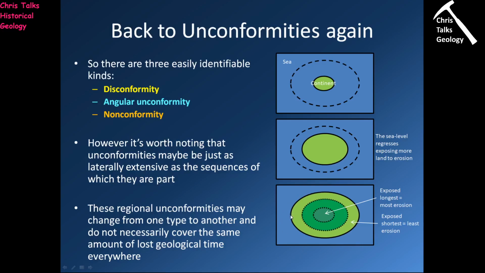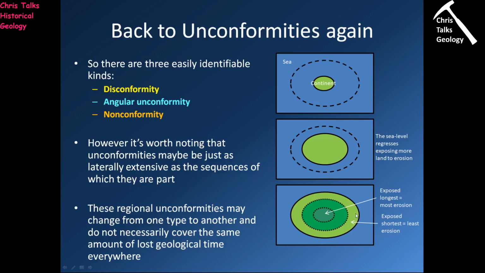And by this point we'll have an unconformity running from one side of the continent to the other, because everything's exposed, it's being eroded, and so we're losing rock. So we're forming our unconformity. However, the unconformity does not represent the same amount of lost time at every location. So in this area in the centre here, which was exposed first, we're going to have an unconformity which represents a significant amount of lost time, because lots of rock has been eroded.